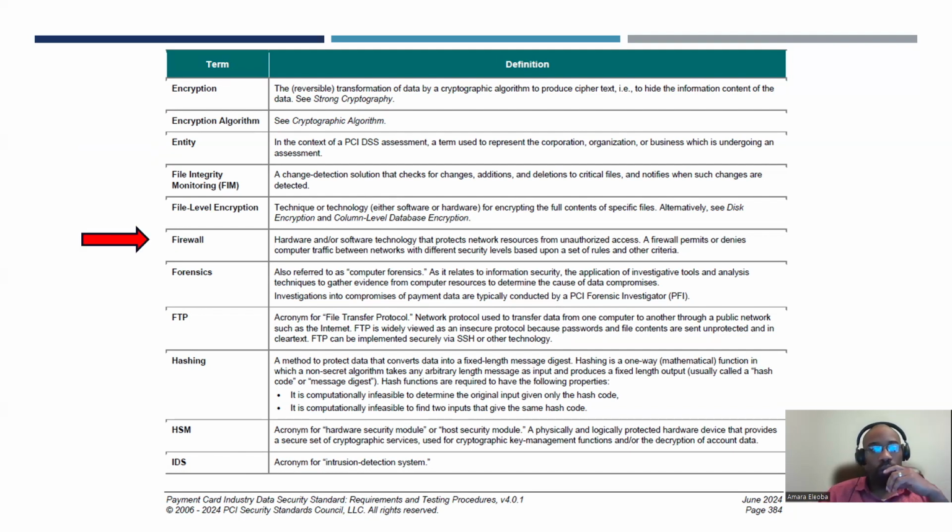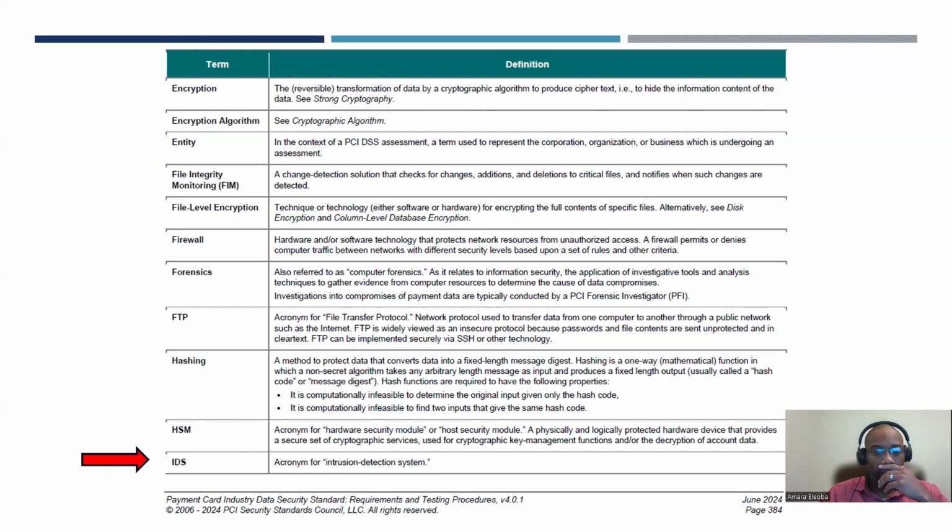Firewall is very important for requirement 1. It refers to software or hardware that is used to protect network resources from unauthorized access. All a firewall does is look into all the traffic in the network and, based on the rules, deny or accept it. Okay.